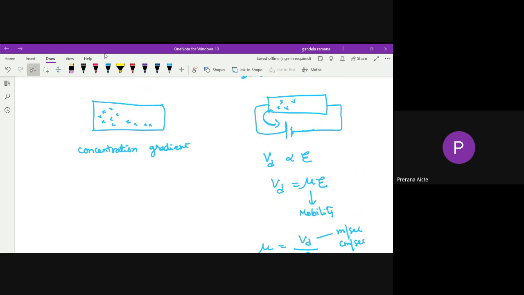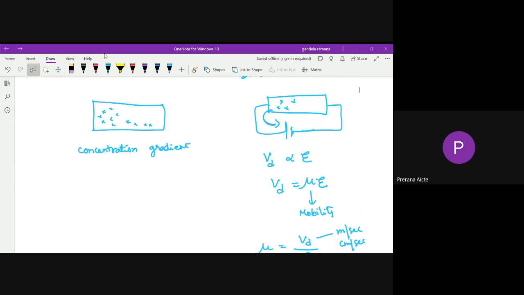What is mobility? Mobility is drift velocity by E. The units of drift velocity are meter per second or centimeter per second.